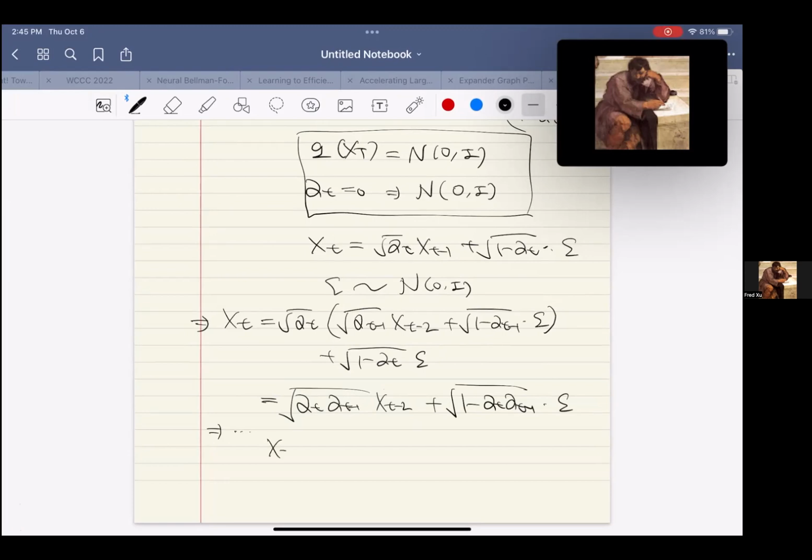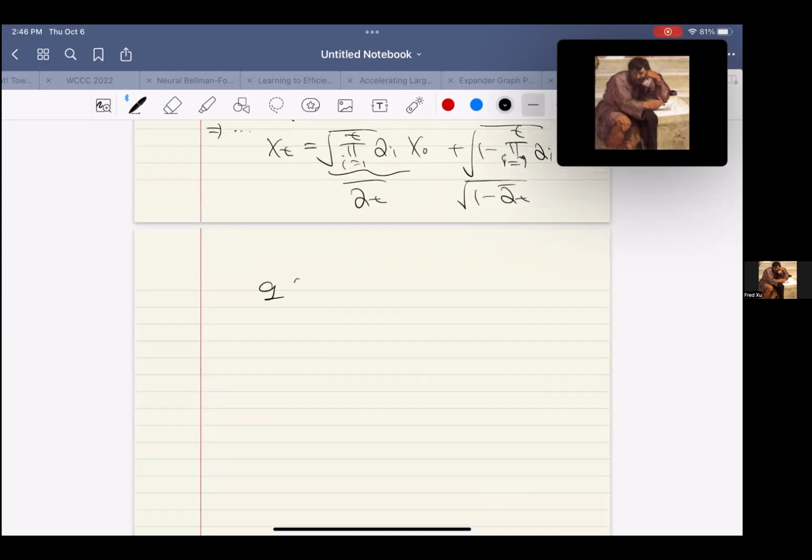So what we have is x_t equals the product of alpha i for i from 1 to t, times x_0, plus the square root of 1 minus the product of alpha i. If we call this one alpha t hat, and this one would be 1 minus alpha t hat, we have an analytical form for the transition probability to be a normal distribution of x_t whose mean is alpha t hat x_0 and whose variance is 1 minus alpha t hat.